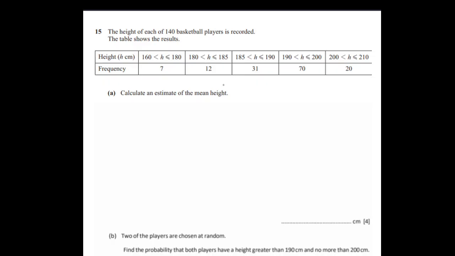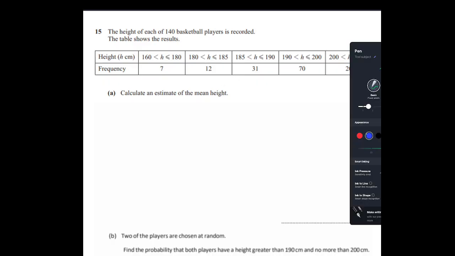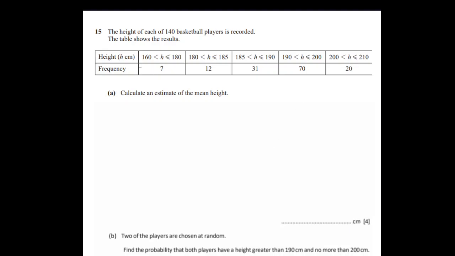Now for the mean we need to know the mid values of the given classes. So now we have here the first class, 160 to 180. So the mid value will be 160 plus 180 by 2, so this is 170.